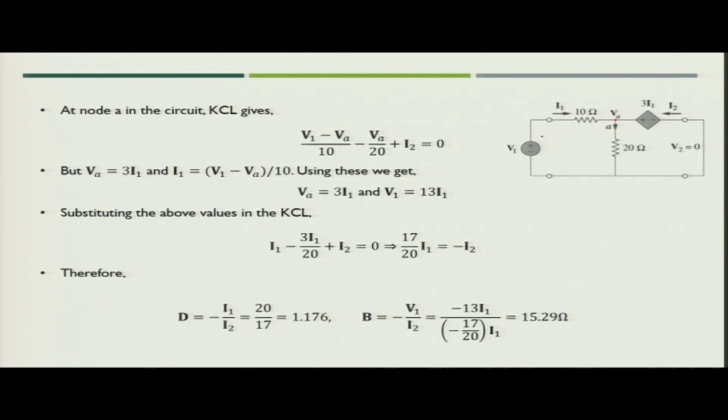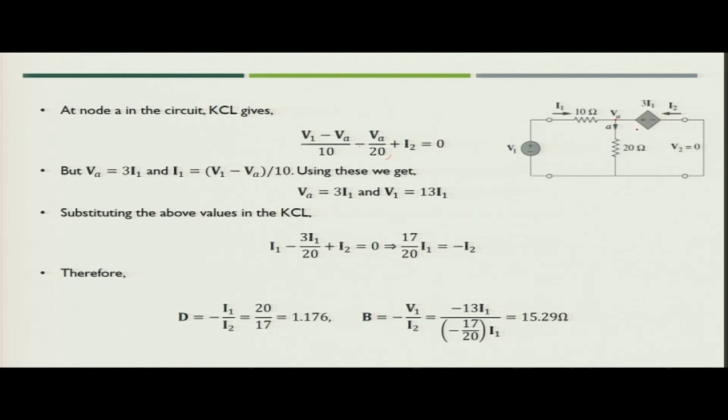We can write the value of I1 is nothing but V1 minus VA by 10, and the current is going inside. So, we are taking current going inside as positive, current going outside as negative. So, the current going in the 20 ohm resistance will be minus of VA by 20 plus the current I2 equal to 0.